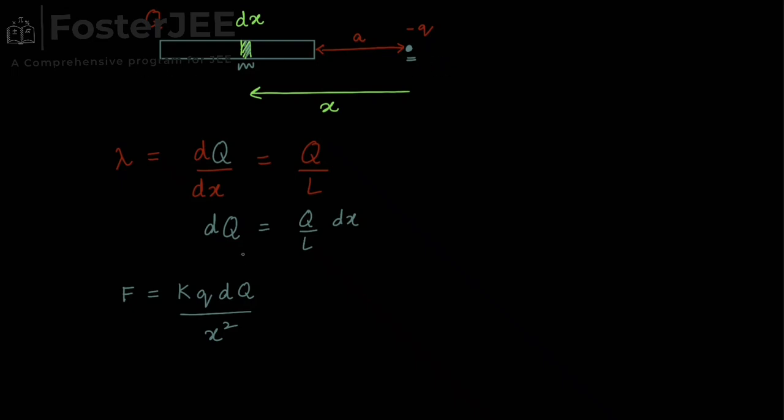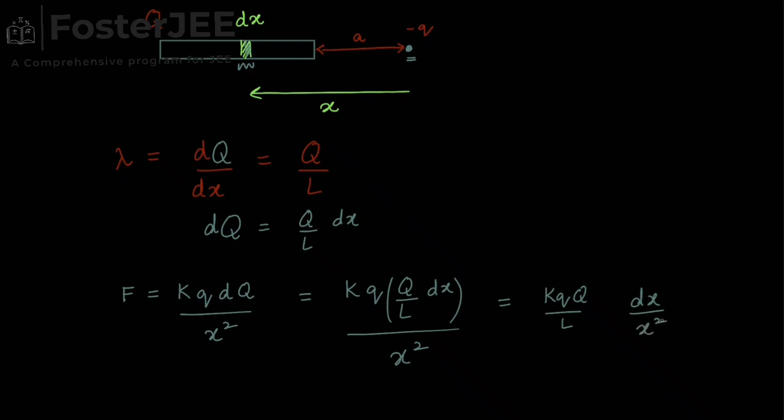Now what is dq? dq is the small charge carried by this particle. So we will put the value of dq here. We get kq capital Q upon L dx from this equation upon x square, and this becomes kq Q upon L dx upon x square.